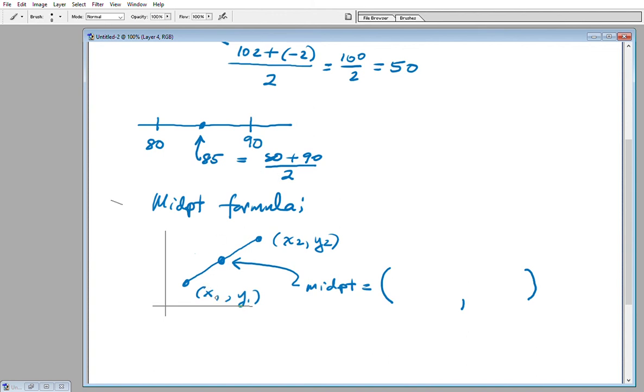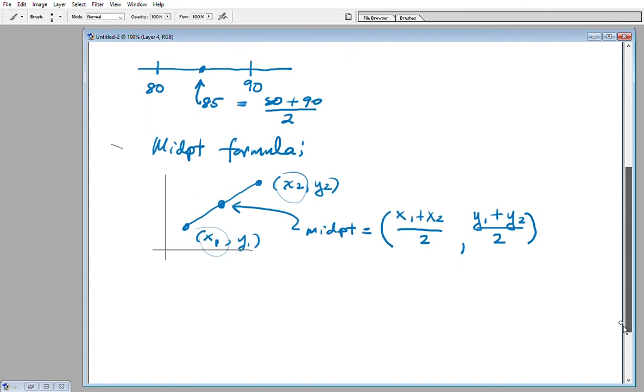You average the x's, add them up, divide by 2, and average the y's. Just like on the number line, but we do it twice. So if you remember the averaging, then you'll remember the midpoint formula.